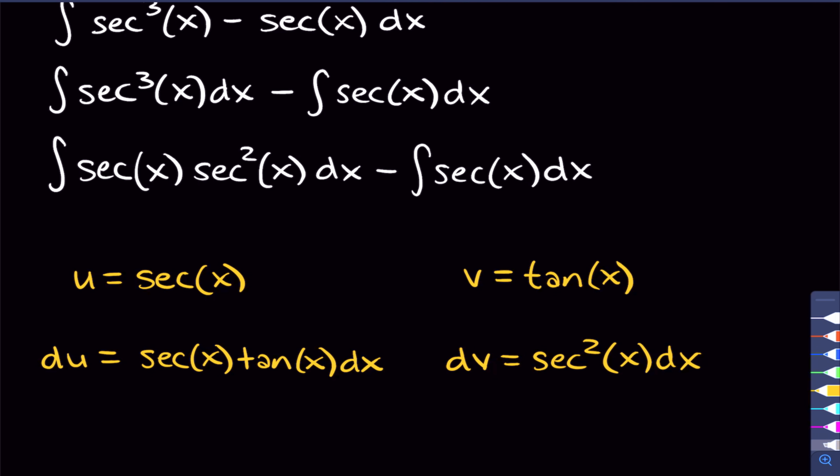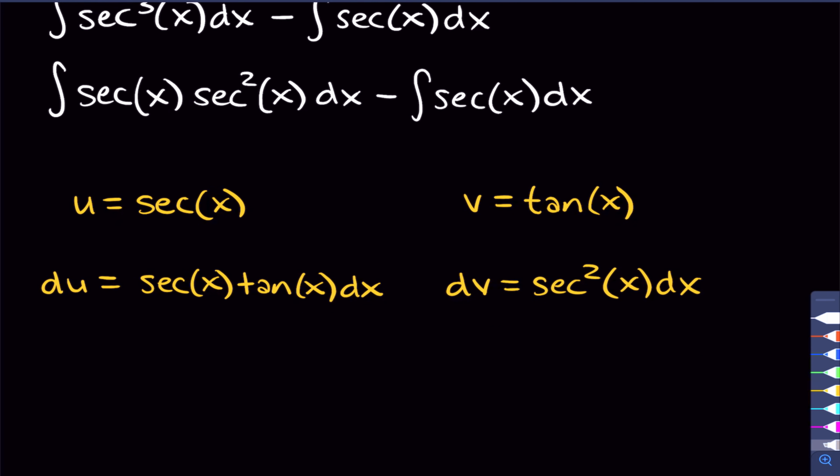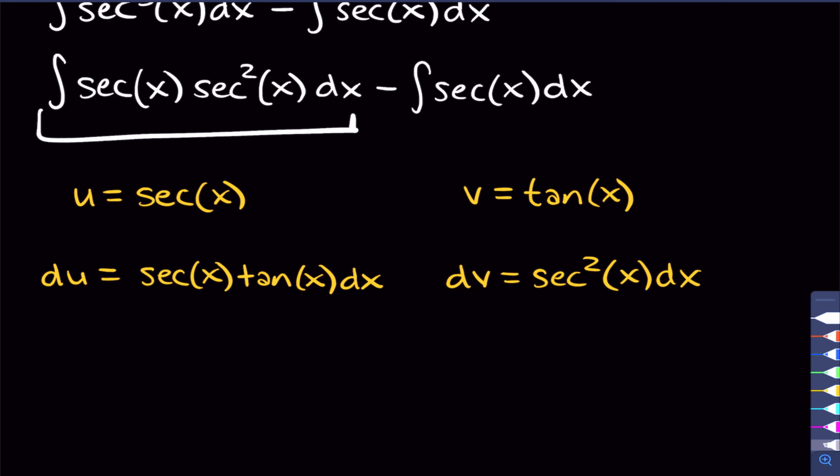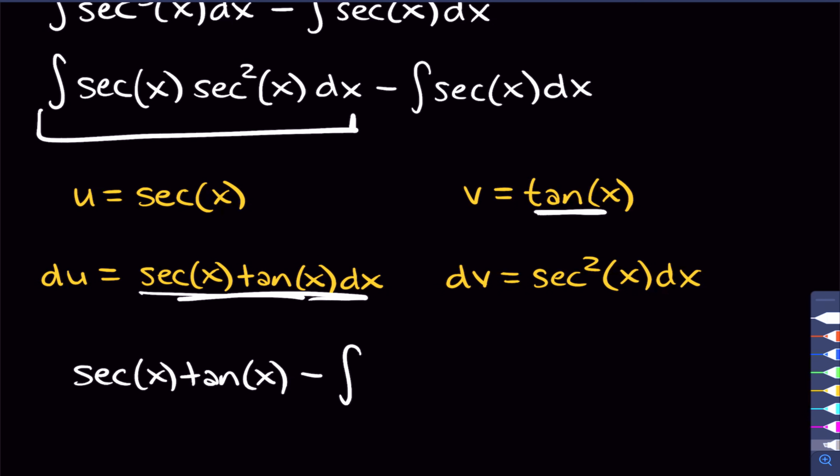So this is what we'll use for integration by parts for this integral. And then we'll have to tack on that integral of secant of x. So we get that this integral right here is equal to u times v, which is secant of x times tangent of x, minus the integral of v du, which is tangent of x times secant of x tangent x dx.